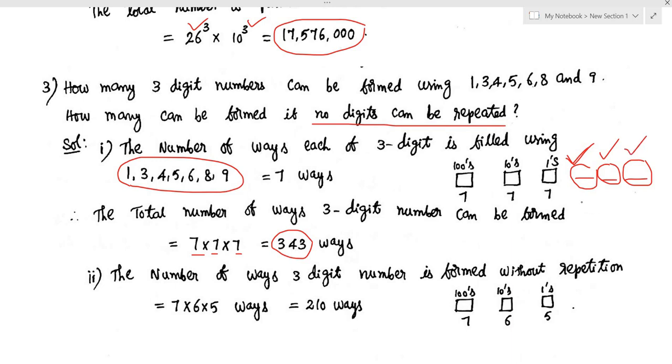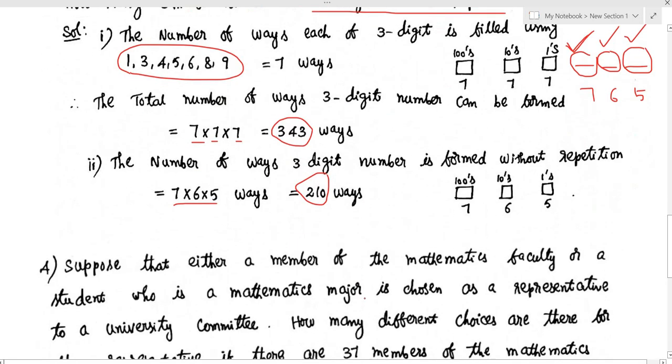Which means that in first place, if I have 7 options, in second place I will have only 6 options. Similarly, in third place I will have only 5 options here. So 7 into 6 into 5 ways, that is 210 ways is my answer. So if the digits are repeated, I'll get 343 ways. If the digits are not repeated, then I'm getting only 210 ways.